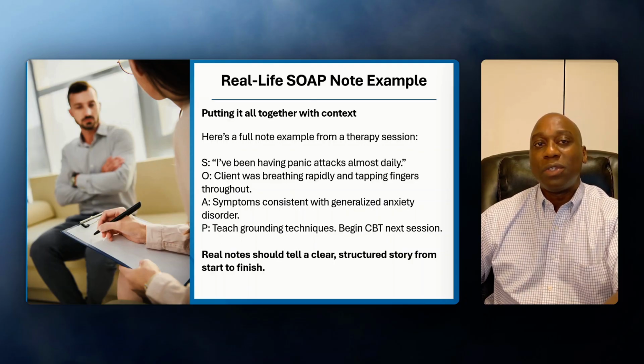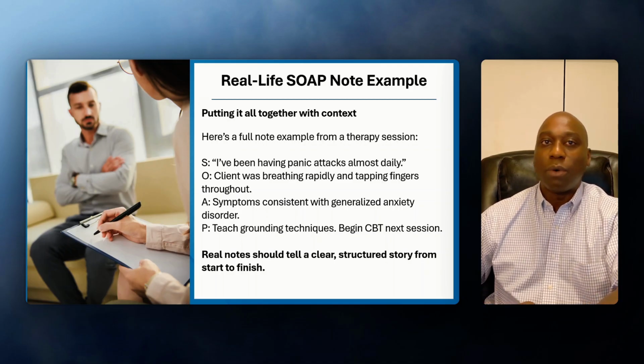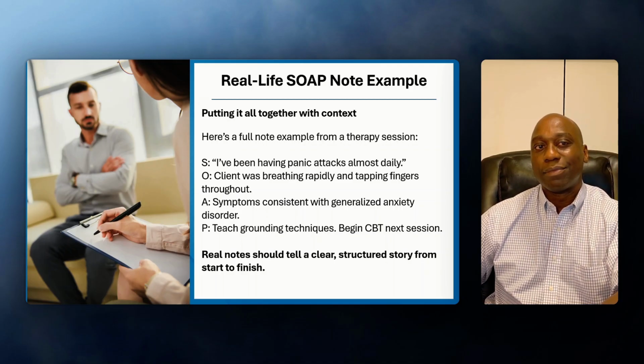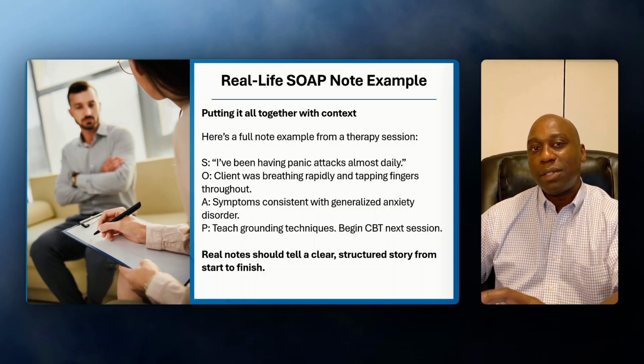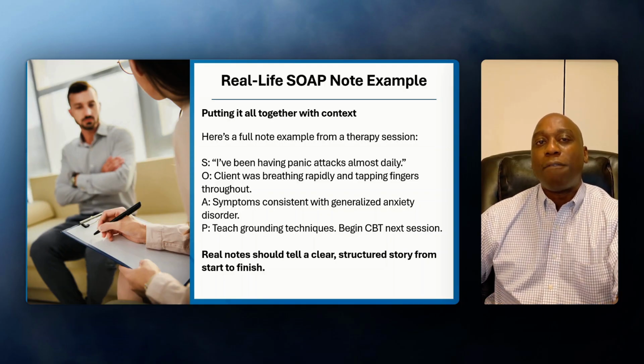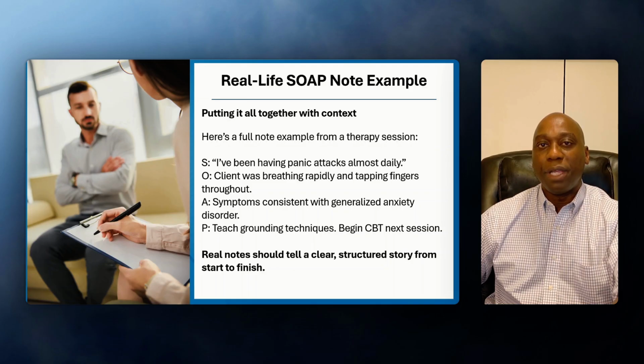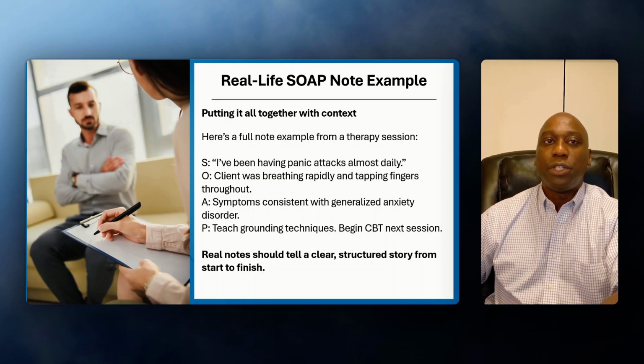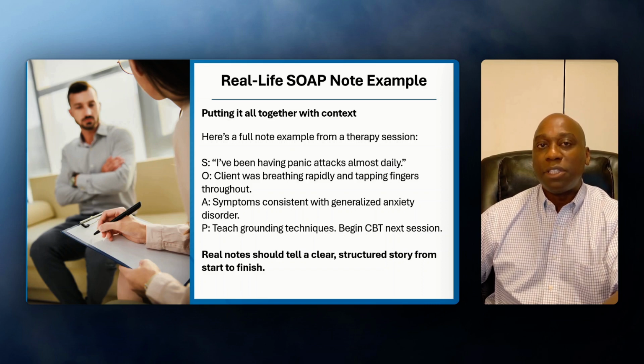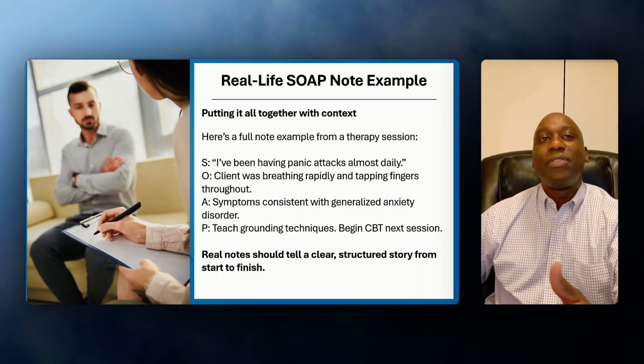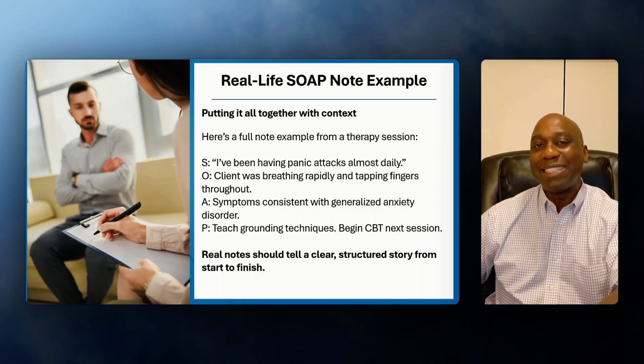Here's the next one. You observe the panic signs, which is objective. What do you enter into the system? You say client was breathing rapidly and tapping their fingers throughout. Here's the next one. You offer a clinical summary, which is assessment. So in the template, you can enter something like symptoms consistent with generalized anxiety disorder.